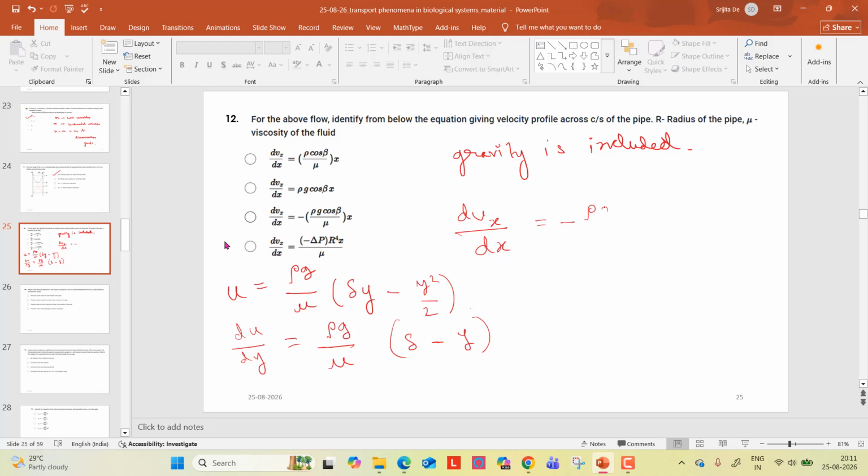So it will be rho g cos beta, I am taking because suppose it is inclined. So rho g cos beta by mu has to be there, and there is a change in the direction, that is x. So this is not a right question basically. But if you want to solve it like this, compare this with whatever is available. So give the options. Okay, this is not a right question. This is not a right way to do it.